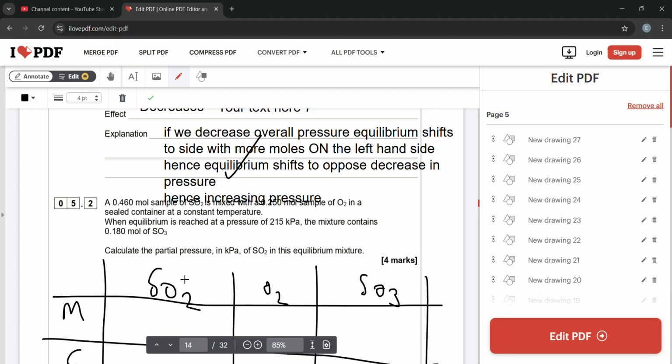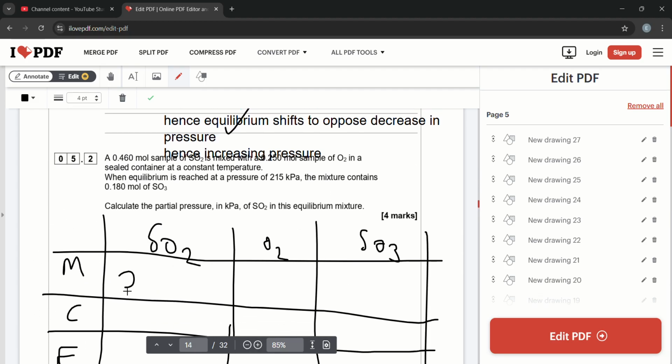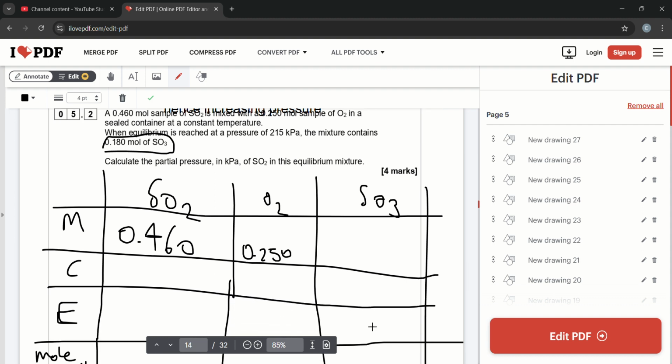So how many moles of SO2 do we have? We've got 0.460 moles of SO2 mixed with 0.250 moles of O2 in a sealed container at a constant temperature. When equilibrium is reached, the mixture contains this many moles, so this is the equilibrium moles of SO3: 0.180.